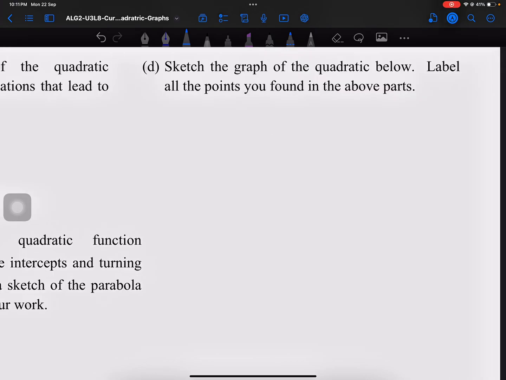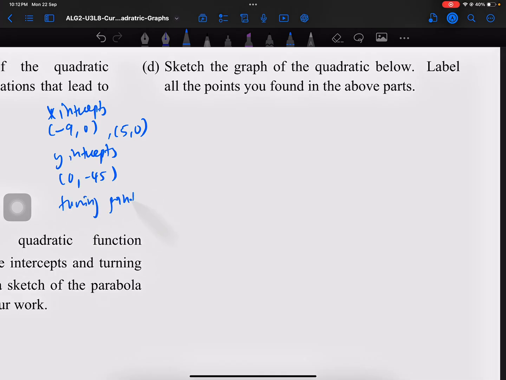Now sketch the graph of the quadratic. We need to plot everything. From just now, we already have the x-intercepts (-9, 0) and (5, 0), the y-intercept (0, -45), and the turning point (-2, -49).